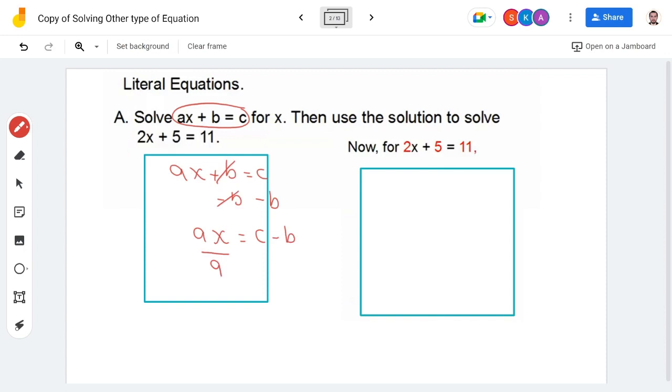Then divide by a, so x is equal to c minus b over a. Then you substitute the numbers, where this is a, this is b, this is c. So it will be 11 minus 5 over 2. So the answer is 3.